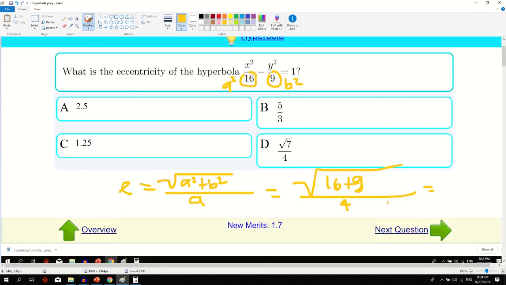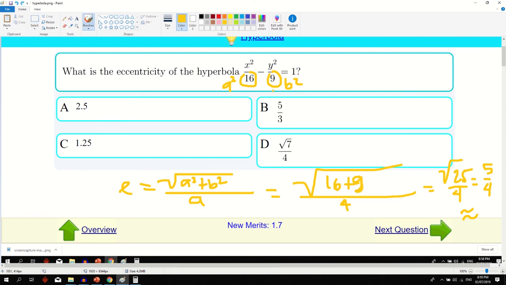So 16 plus 9 equals the square root of 25 over 4, equals 5 over 4. Wait, we got it mistaken. So this should be, okay, good, oh, it is correct.